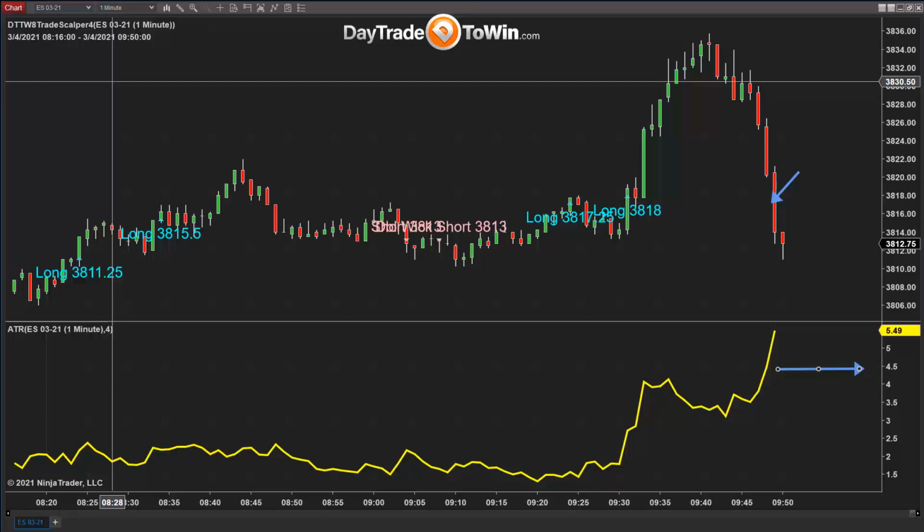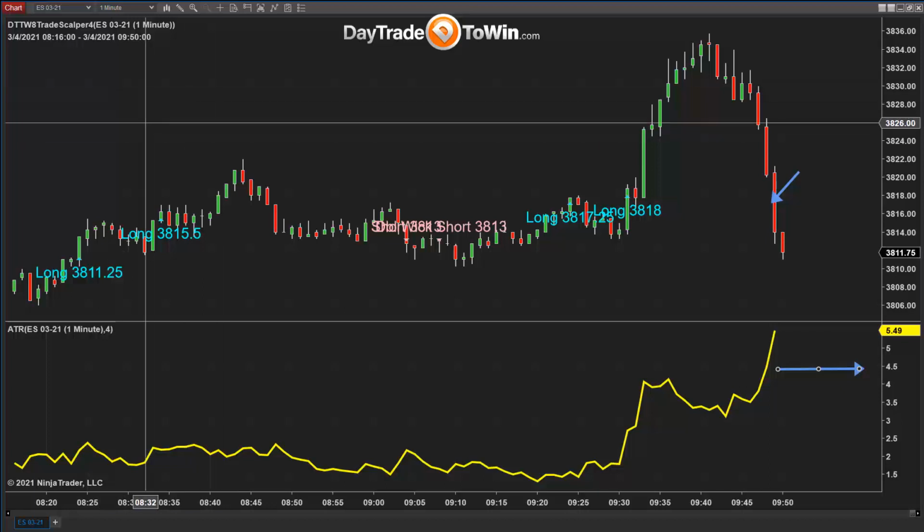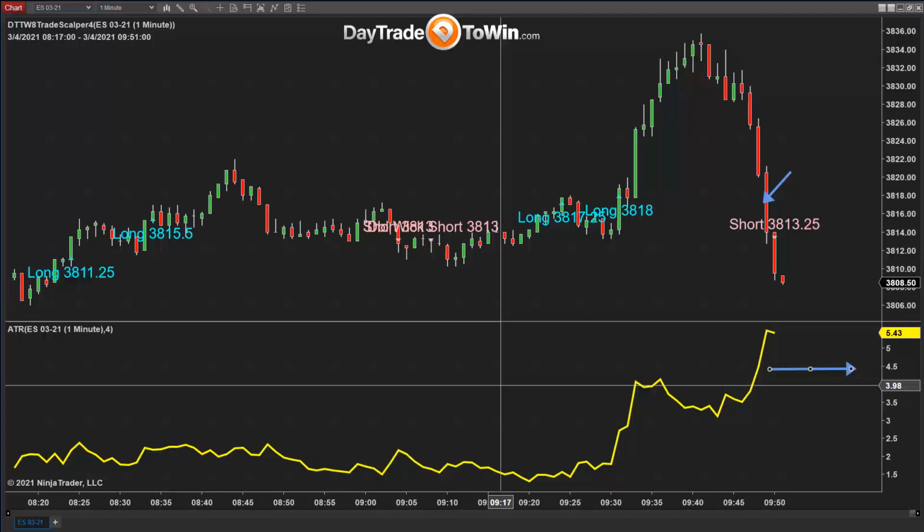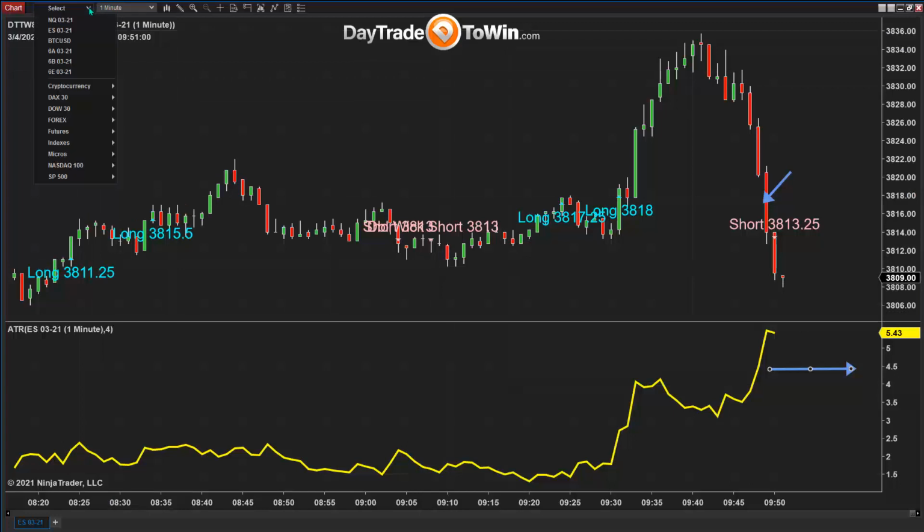So you could trade the micro E-mini as a beginner, where every trade will be worth a couple of dollars. You're not going to be an instant millionaire trading the micro E-mini, but at least as a beginner, more importantly, you learn, you practice. When you start trading live, if you make or lose money, it's more experience on the micro E-mini. And the micro E-mini is MES.